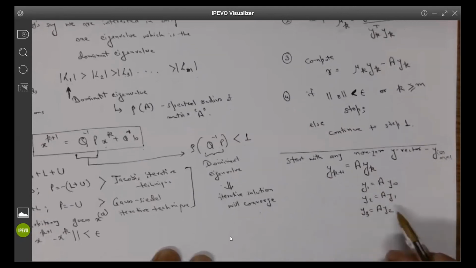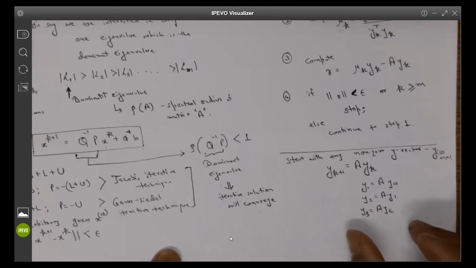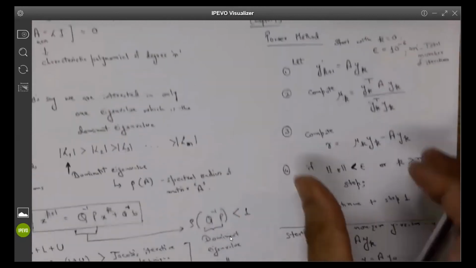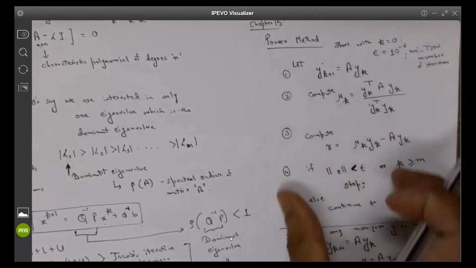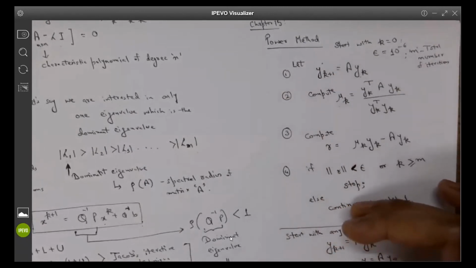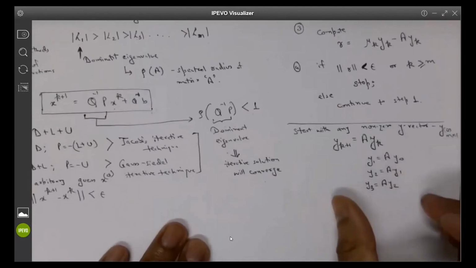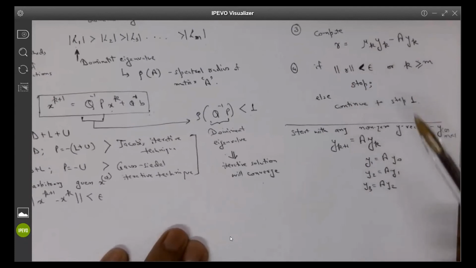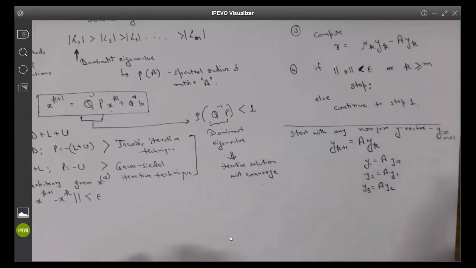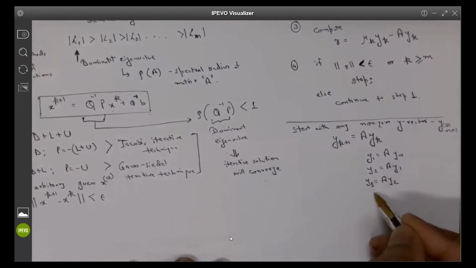I'm just getting the y at each iteration as the matrix A multiplied by the y value of the previous iteration. Everybody is with me so far? Forget about this for the time being. I will come to the explanation of these steps, but right now I'm just trying to construct what this algorithm is doing. Let me know if you are with me so far. Yes, I follow you.